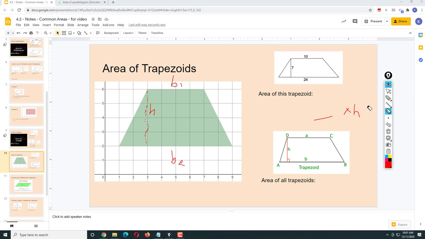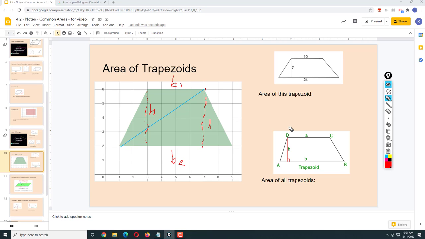Another way of thinking about this, I can draw a straight line from here to here. Okay. Now we know that this is also h.